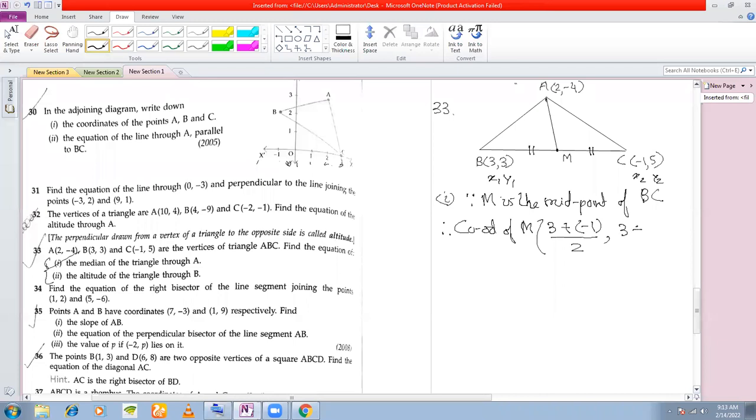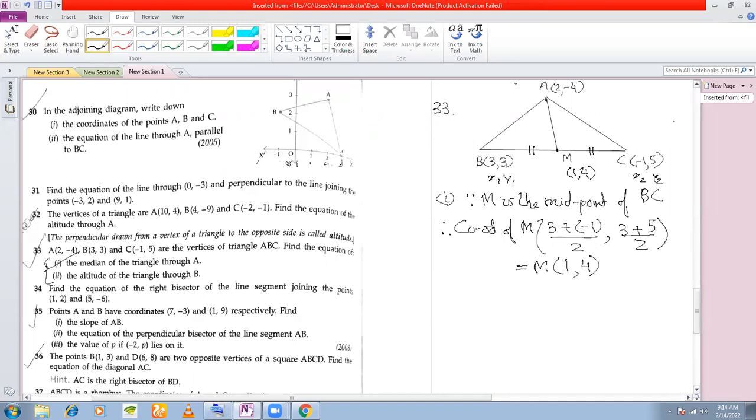And then you have 3 plus 5 by 2. So you're getting the coordinates of M as 3 minus 1 by 2, which is 1, and 5 plus 3, 8 by 2, which is 4. So what are the coordinates of M? (1, 4).